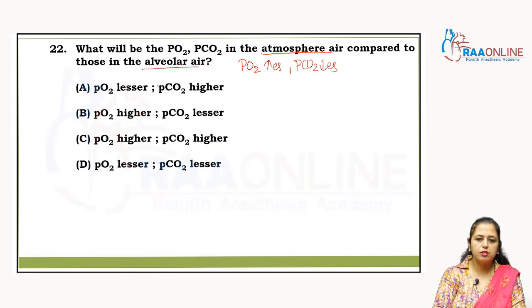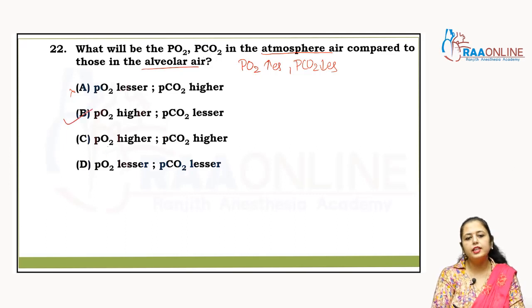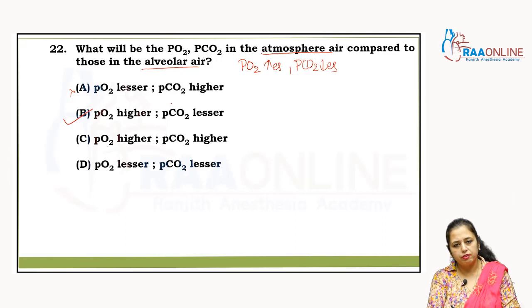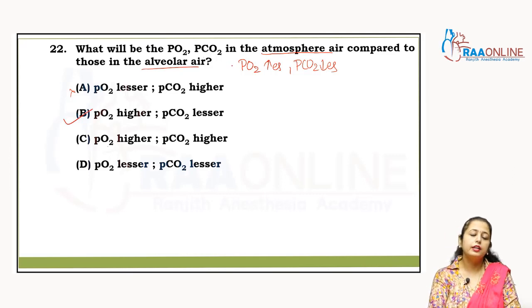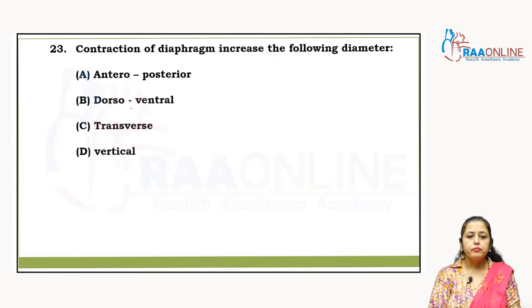So PO2 lesser? No. PO2 higher and PCO2 higher? No. PO2 lesser and PCO2 lesser? No. So the correct option is B, right? Because it's a comparative question between the atmospheric air and the alveolar air, and you have to memorize that partial pressure chart. If you memorize that chart, then you can solve that question easily, right?